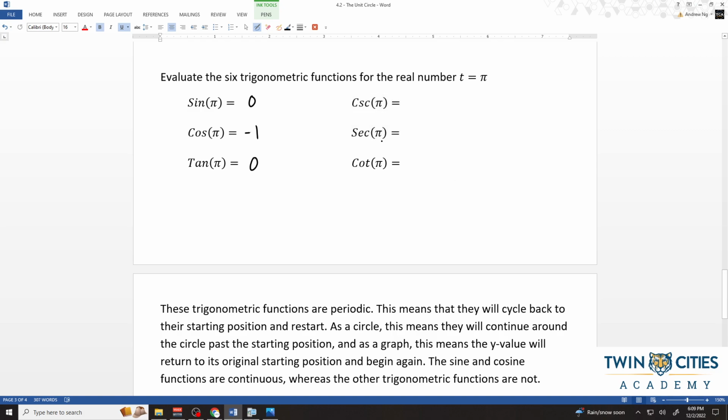Now, cosecant, secant, cotangent. This 0 here for the sine, I can think of this like 0 over 1 if I wanted to. Well, if I flip that upside down, the cosecant would be 1 over 0, but I know that I can't ever divide by 0. So then this is undefined.